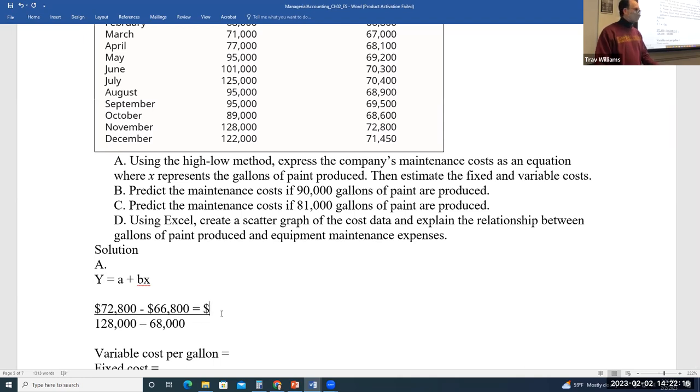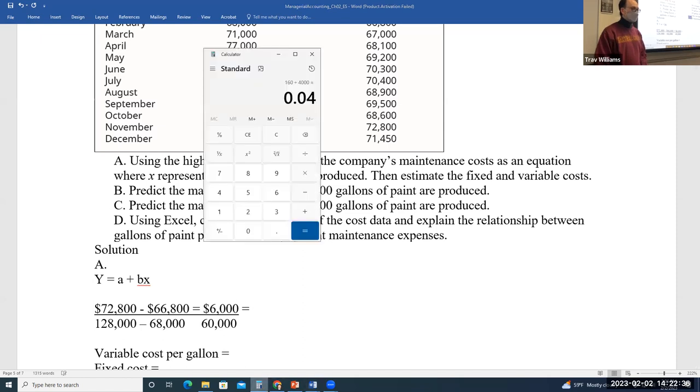Well, you're going ahead of me, so hang in there. So it's a difference of $6,000 in cost, correct? And 60,000 in gallons, right? Then we actually do the division. We take the $6,000 divided by the 60,000 gallons.